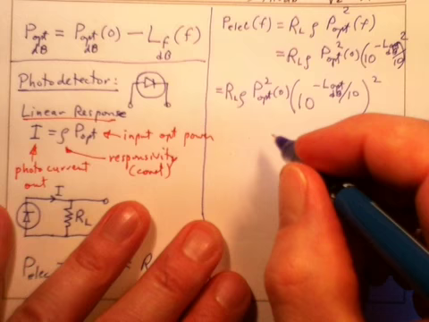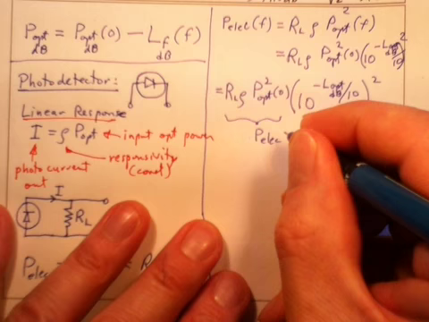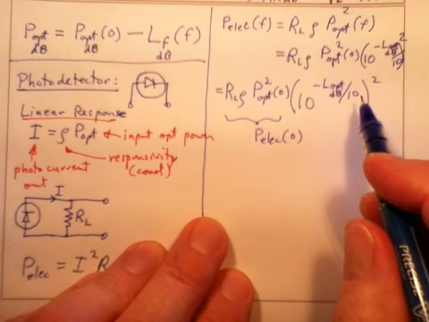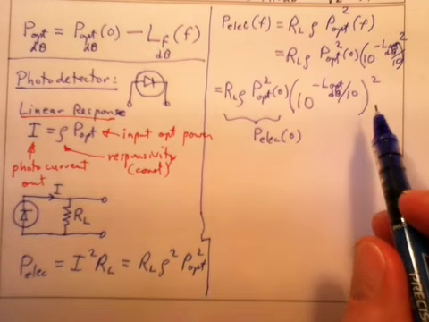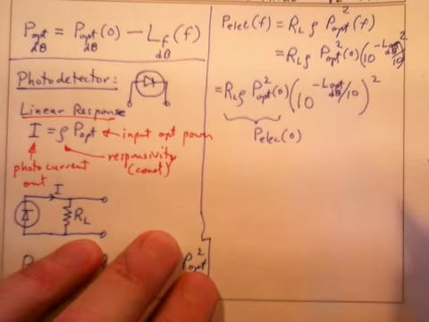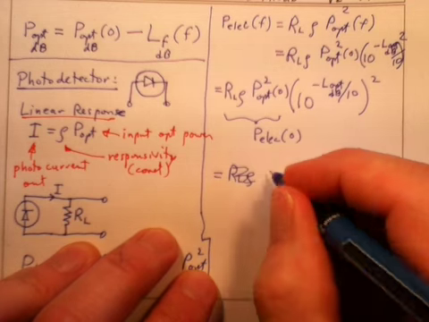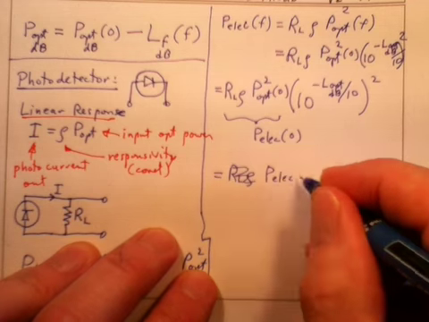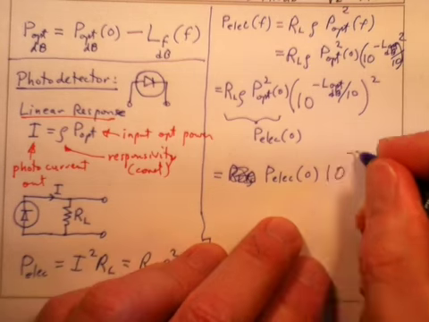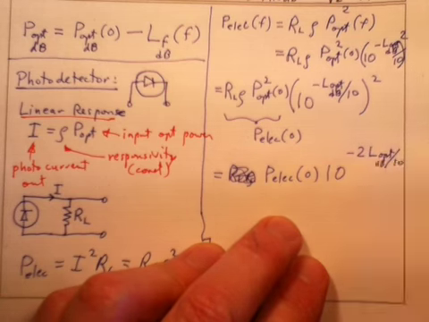I'm going to identify this part as P electric at frequency 0, and rewrite this as P elect at frequency 0 times 10 to the minus 2 L optical over 10, in dB.